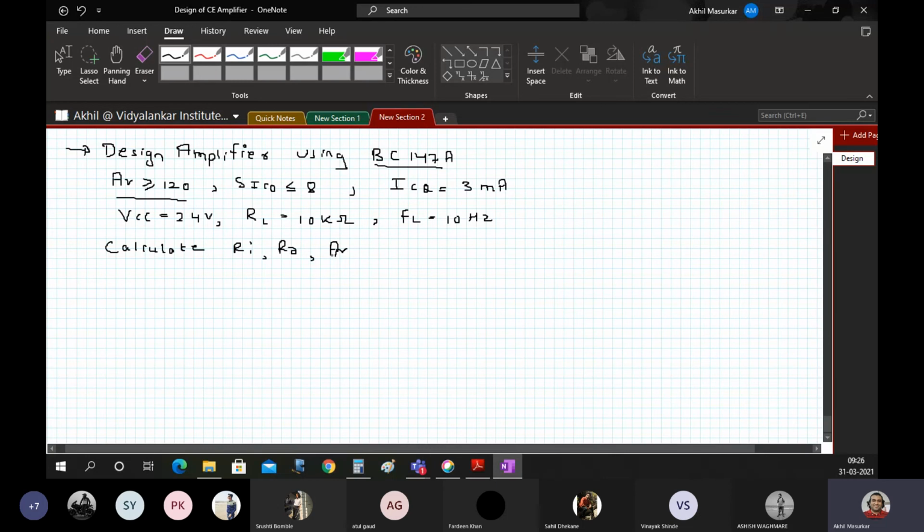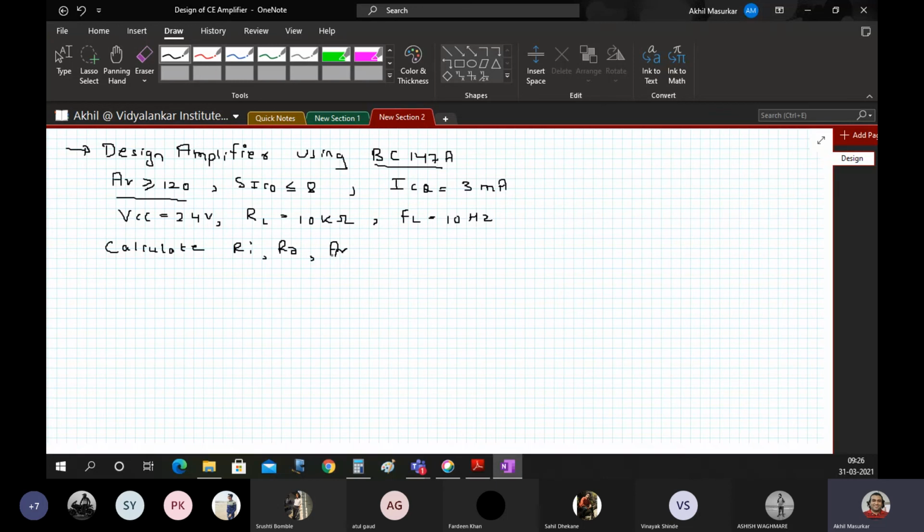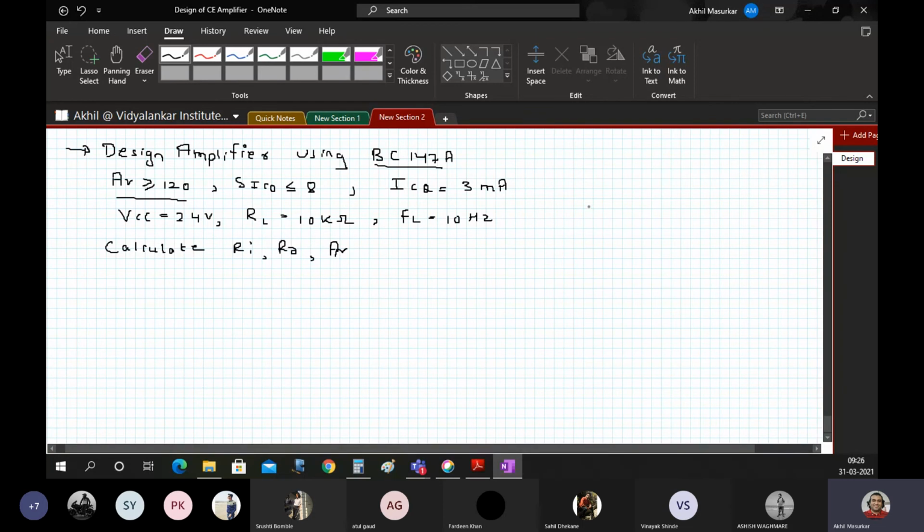Come on, do this problem. So I'll give you a clue here that the design circuit should look like this.